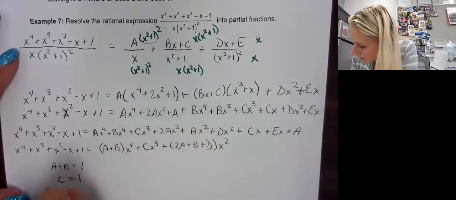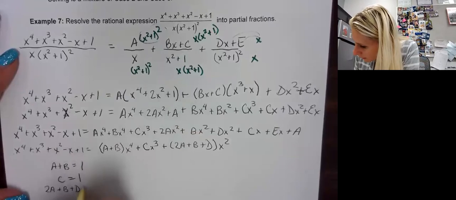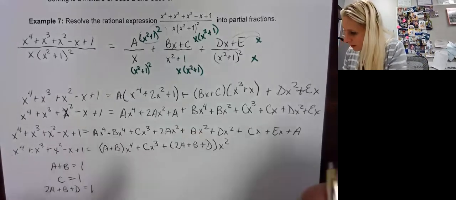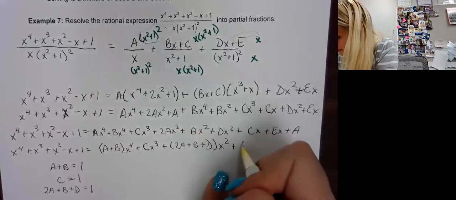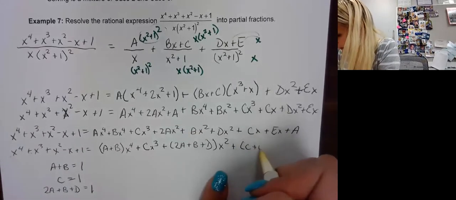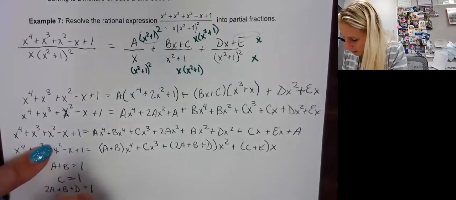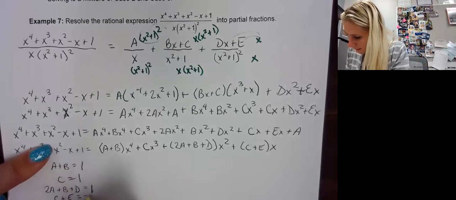So what does that mean? That means 2a plus b plus d equals, and this is x squared, so it's 1. Get c plus e. So c plus e is -1.